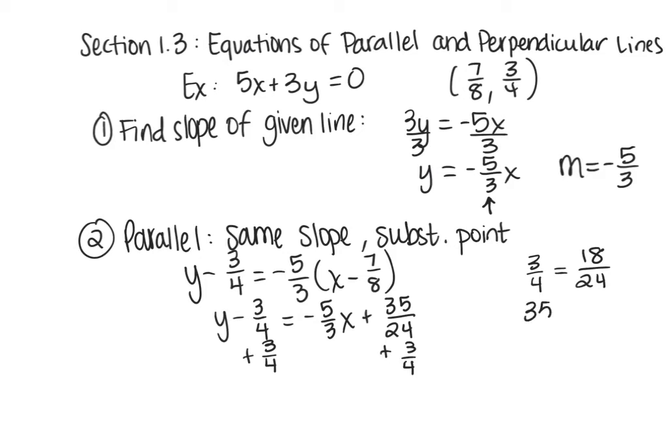So really what I'm adding here is 35/24 plus 18/24, and that is going to give me 53/24. So you'll get some crazy fractions on this one, but when you're done, you will have y equals, and then you'll have your slope piece, which in this case was negative 5/3 x, plus 53/24.